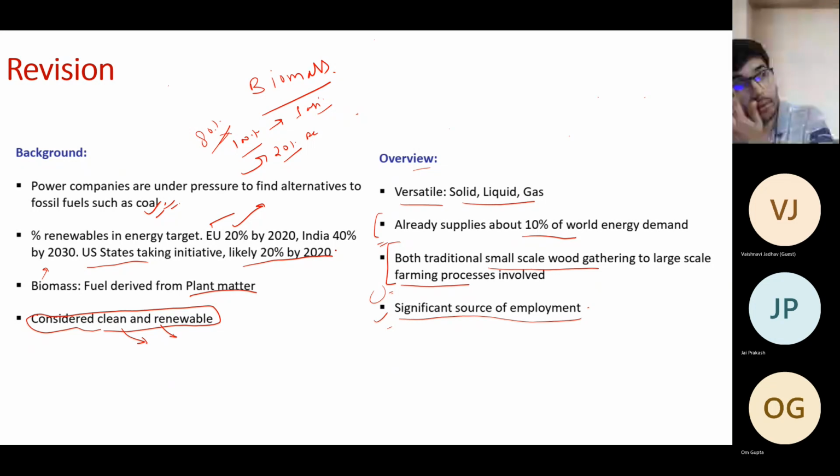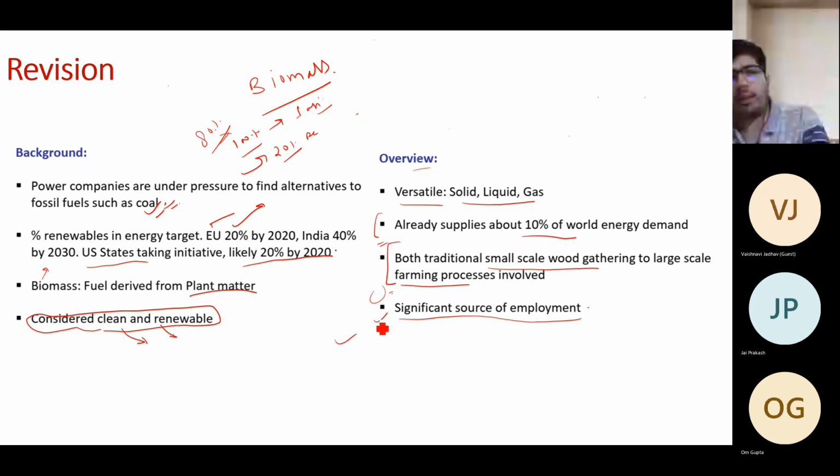Per year emission will be counted, and based on that they will be given rewards in the form of carbon credits for the carbon saved from being emitted into the atmosphere. So more companies will try to move towards biomass energy, and this will generate significant employment.